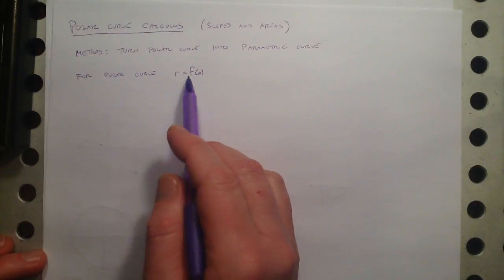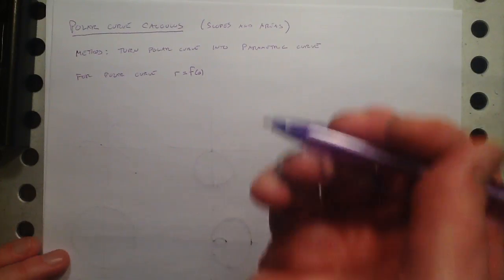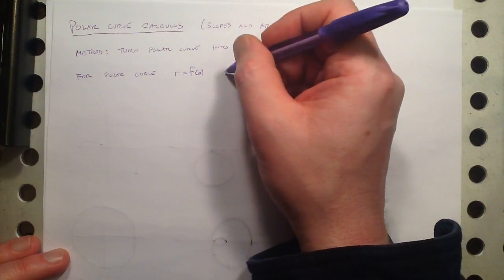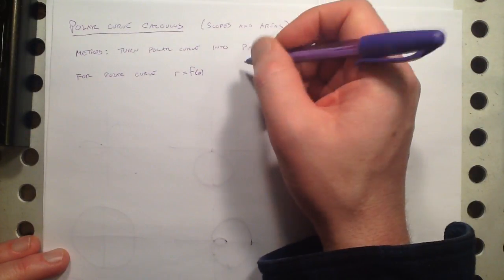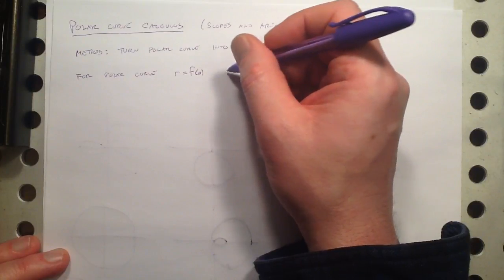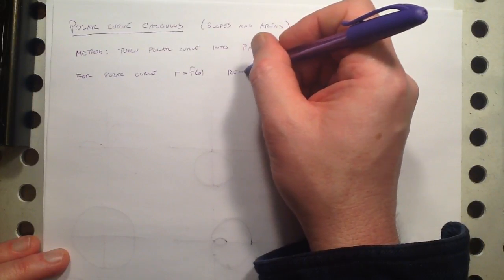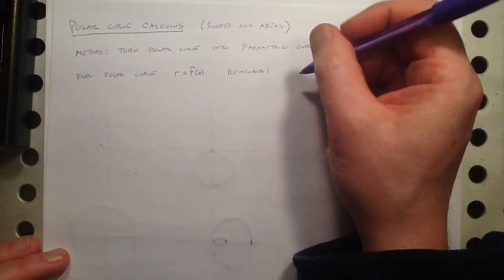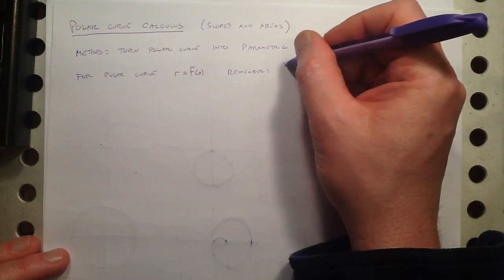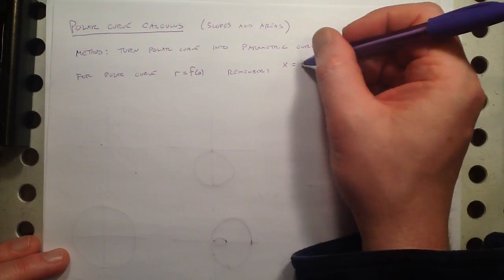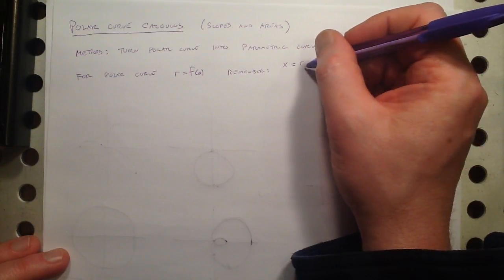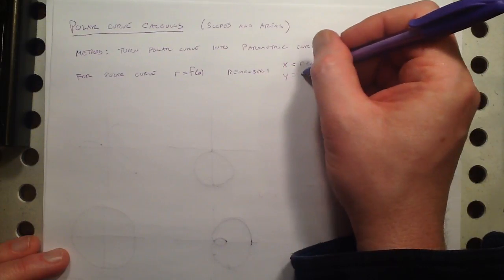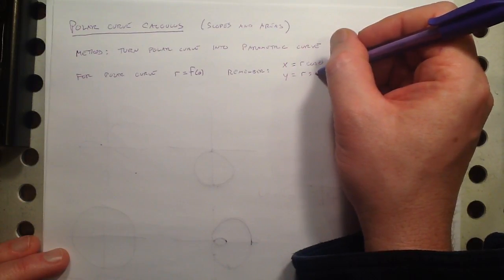But you could write it as r equals some function of theta. If we want to connect this to x's and y's, remember that x is equal to r times cosine theta, and y equals r times sine theta.